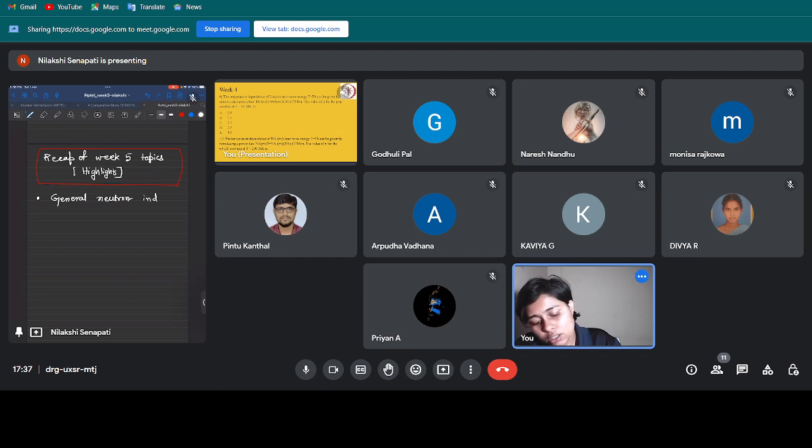That can be written like X(n, a)Y, where a can be gamma for radiative capture, or otherwise it can be alpha particle or proton. Okay, so this is the general neutron induced reaction.